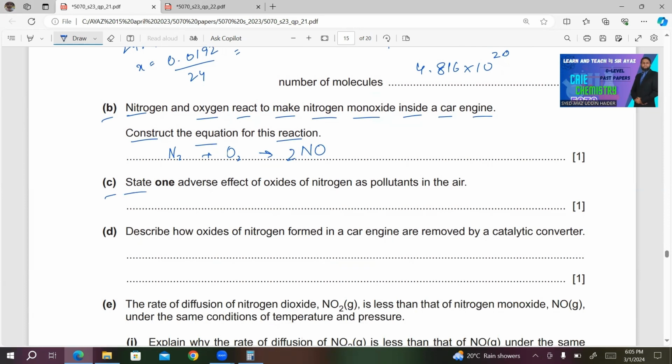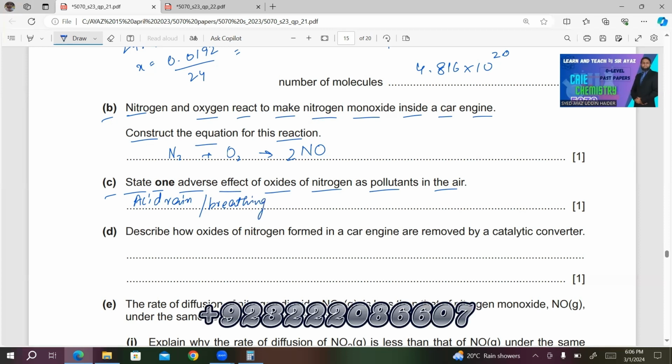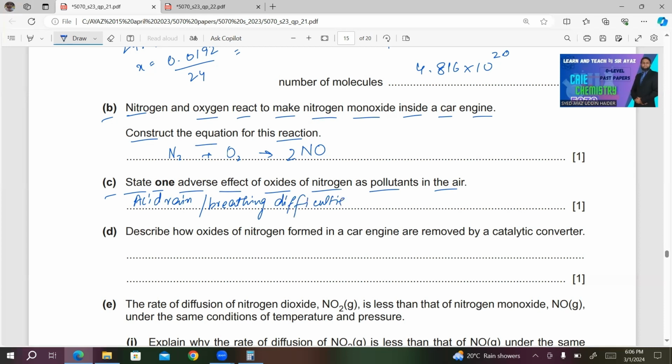C. State 1 adverse effect of oxides of nitrogen as pollutants in the air. You can write any one from these: acid rain, or breathing difficulties, or respiratory problems.